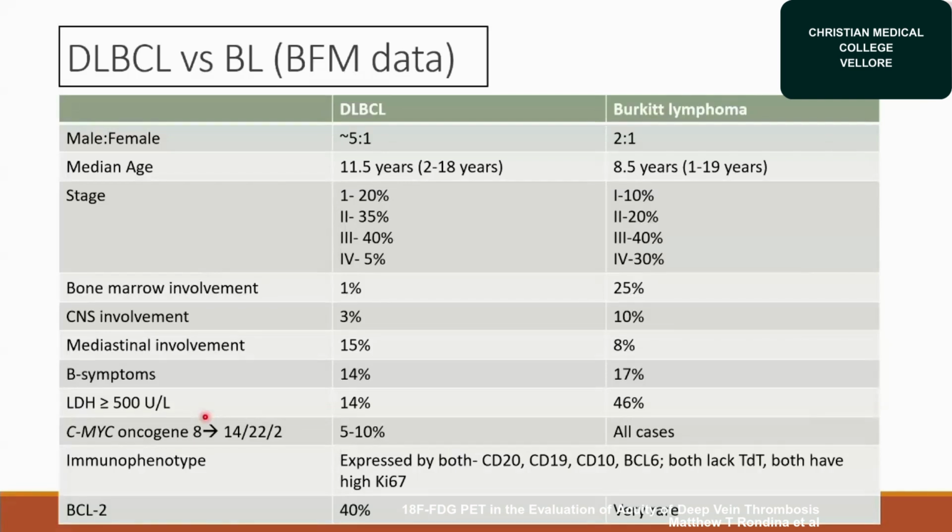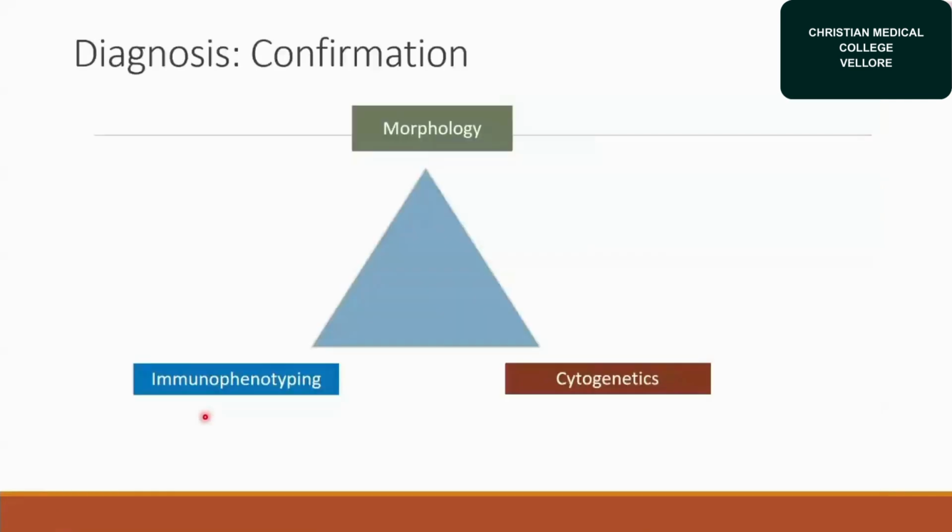TDT is a marker of immaturity, so that will be seen in lymphoblastic lymphoma, and both will have high Ki67 indices. This is a mark of high proliferation. So Burkitt, typically we say, will have almost 100% Ki67 or a MIB index, whereas DLBCL will have somewhere around up to 95% expression of Ki67. And BCL2 is more likely to be seen in DLBCL.